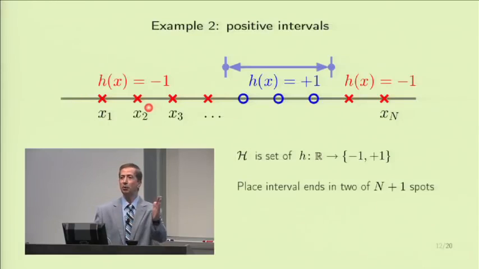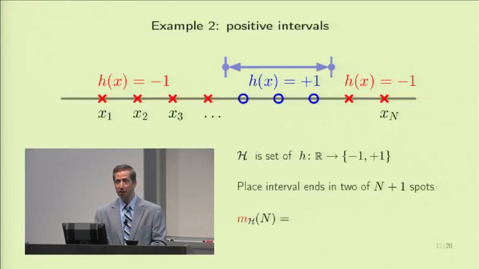And that is exactly a one-to-one mapping between the dichotomies and the choice of two segments. So if this is the case, then I can very simply say that the growth function in this case is the number of ways to pick two segments out of N + 1 segments. And that would be N + 1 choose 2.